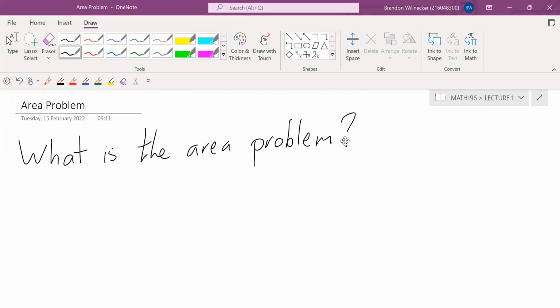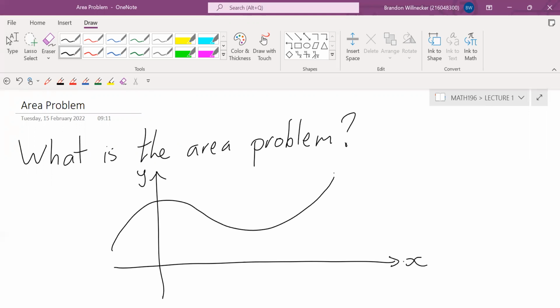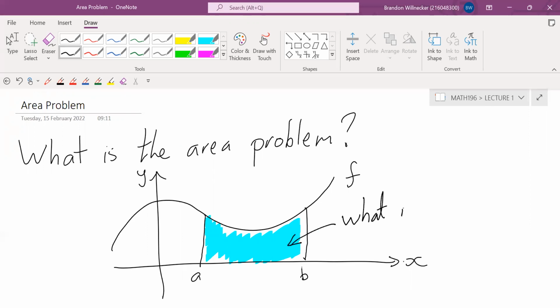The area problem is basically: given some function f of x, with x and y axes, any function like that, we want to find the area below the function and above the x-axis between some endpoints, let's say A and B. So this area here that I'm coloring in, what is that area? How do we go about finding that?